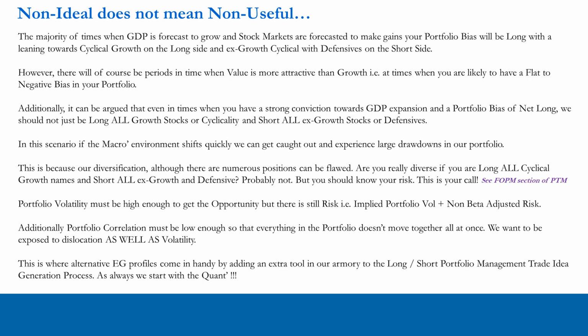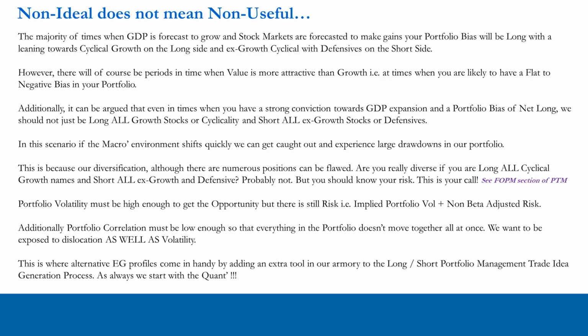However, there's obviously going to be periods in time when value, for example, in the stock market is more attractive than growth. So times when you are likely to have a flat to negative bias in your portfolio. So a flat to short bias in the portfolio.